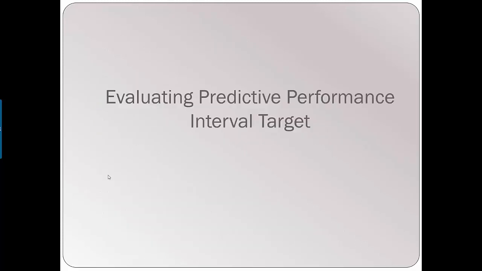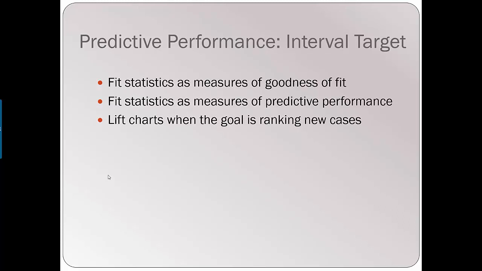Okay, let's first look at interval target. Interval target means the response variable, the y variable, is a numerical variable and it is a continuous variable. So we can come up with the error, actual value minus the predicted value, and then using those errors we can come up with fit statistics, and these fit statistics measure the goodness of fit, how well the model fits with the actual values.